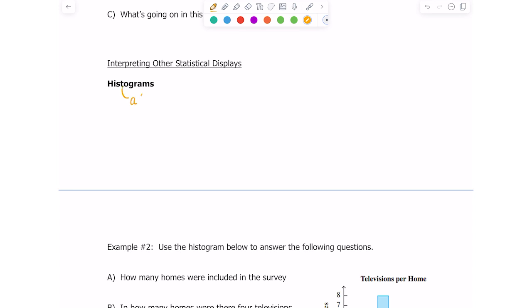So here we have a bar graph, and I put that in quotations because it's not a bar graph, right? It's a histogram, and it's used for quantitative data, so numbers with units, where the bars touch. We place the observed values on the horizontal axis, so the one that goes left and right.